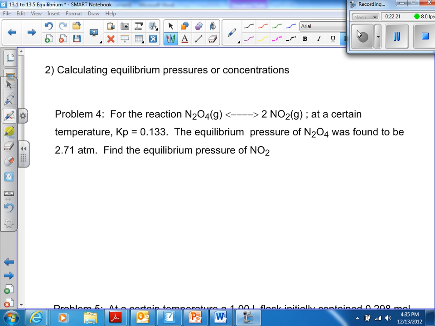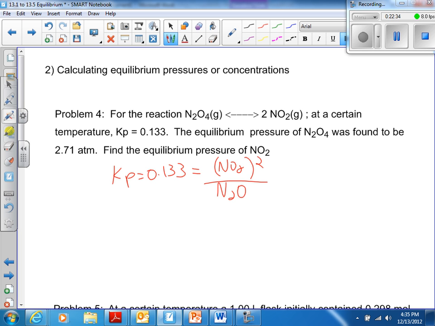So we have a reaction. We know that Kp is 0.133, and this is NO2 squared over N2O4, and I know N2O4. So NO2 is just going to be the square root of 0.133 times N2O4.